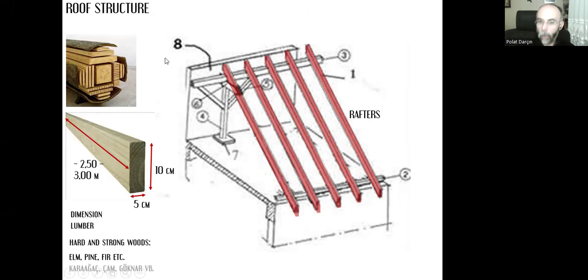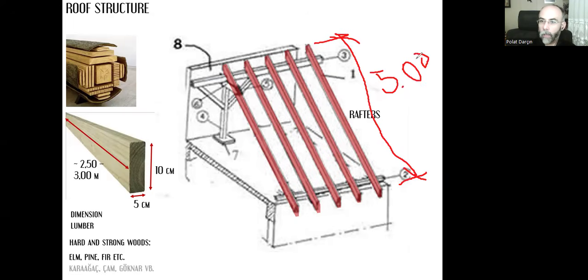If you require a roof that is longer than 3 meters, then we cannot just use one piece. We need to have two pieces, and we need to connect them like that. Let's imagine this size of the roof is more than 3 meters. Let's say it's like 5 meters.